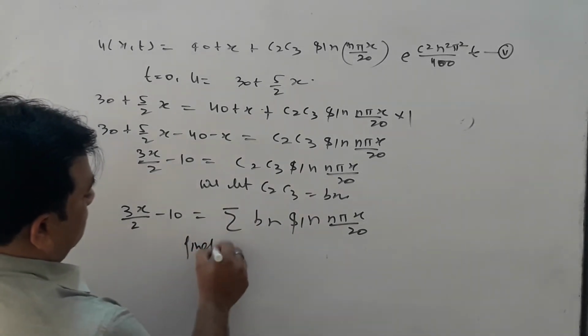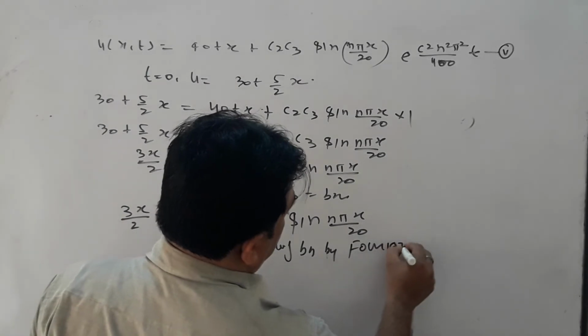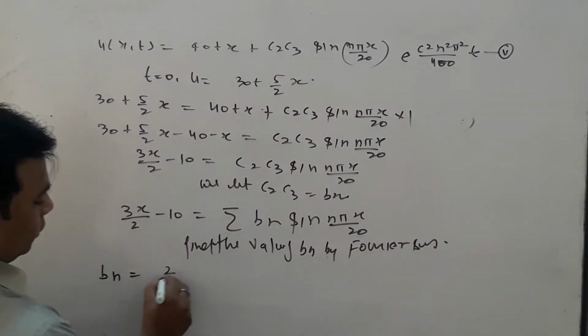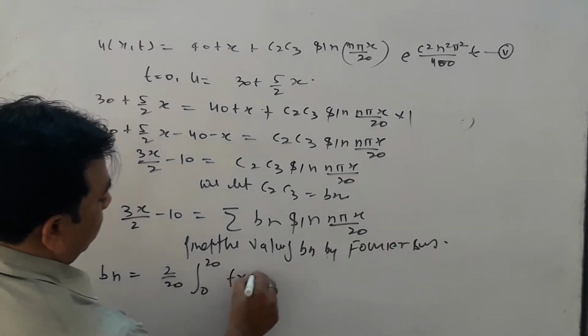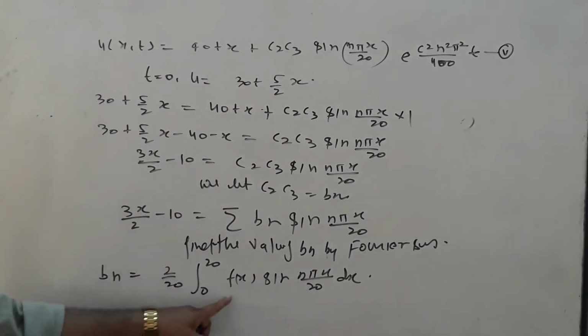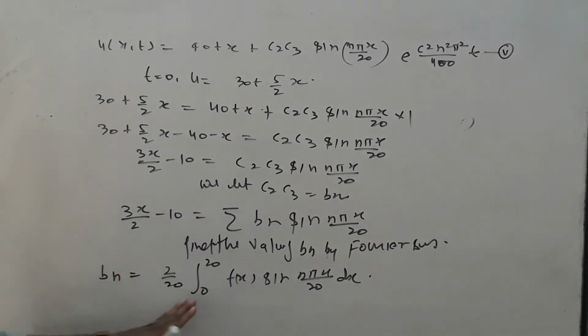From the Fourier series you get the value of bn. So bn equals, now see, to find bn in the Fourier series the length was l. Here the value will be 2 upon l, so 2 upon 20, from 0 to 20, f(x) sin of n pi x over 20 into dx. You write the value of f(x) in place of f(x). After that, applying the limit 0 to 20, you get the value of this. Please make a note. It is a simple question; we are discussing the Fourier series.